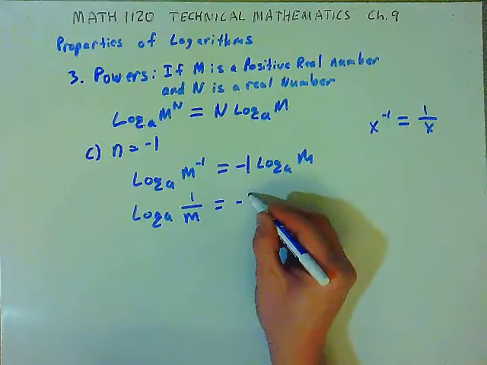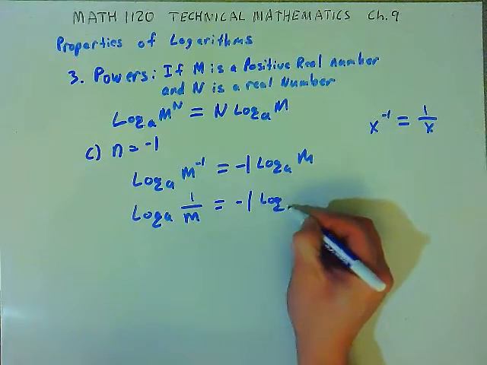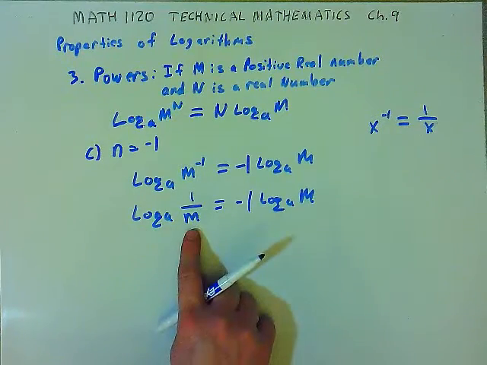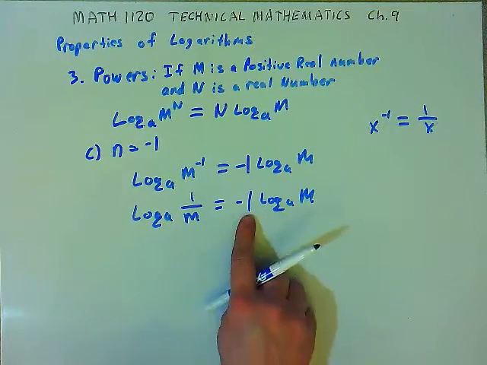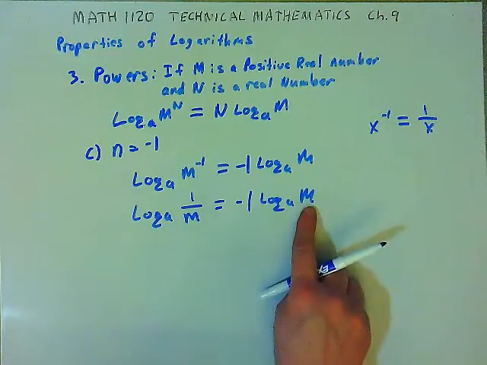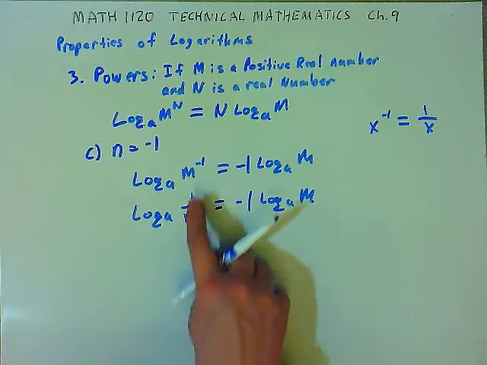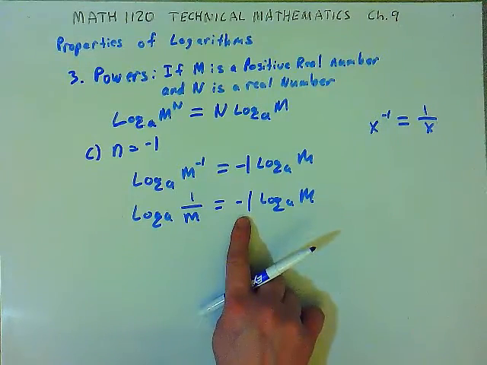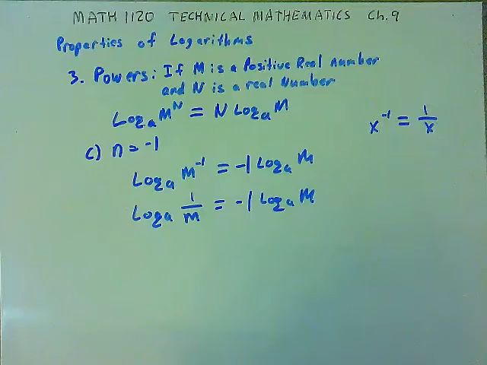And so that means that these are equal. So anytime we take the logarithm of a fraction, we can bring out a negative 1 as a multiplier and take the reciprocal of that fraction. So 1 over m becomes m, and we have to bring a negative 1 out front, and these will be equivalent. This is the third special case of the powers property.